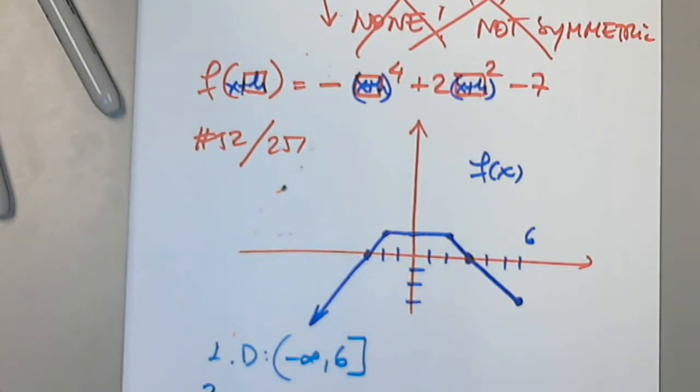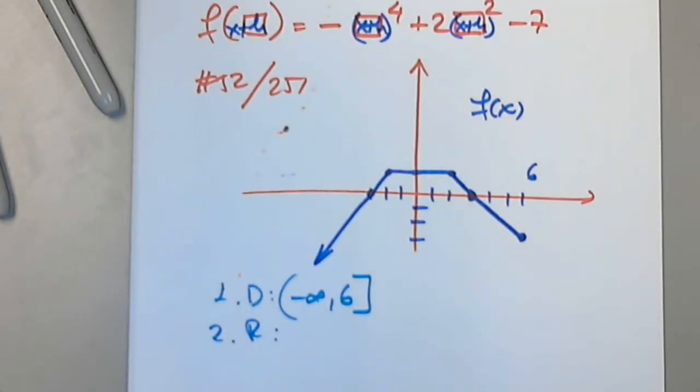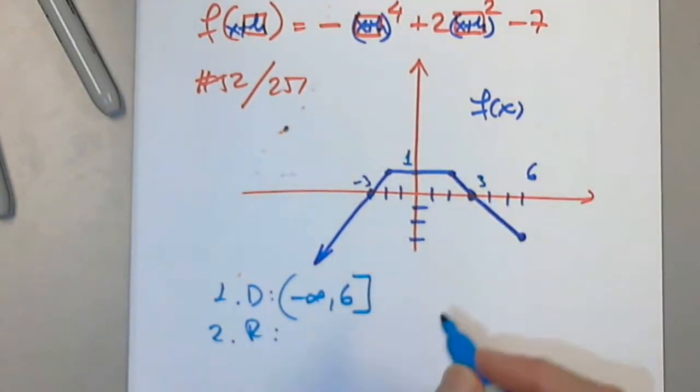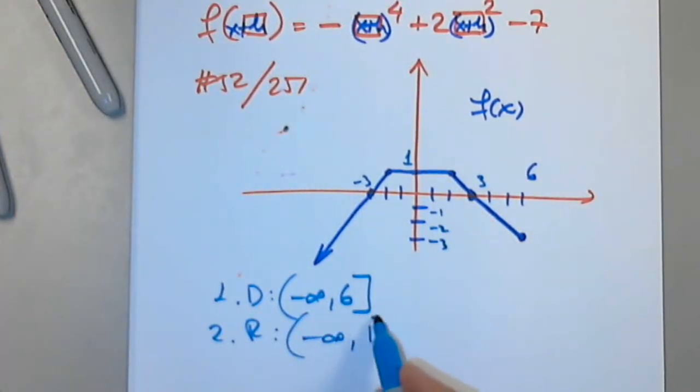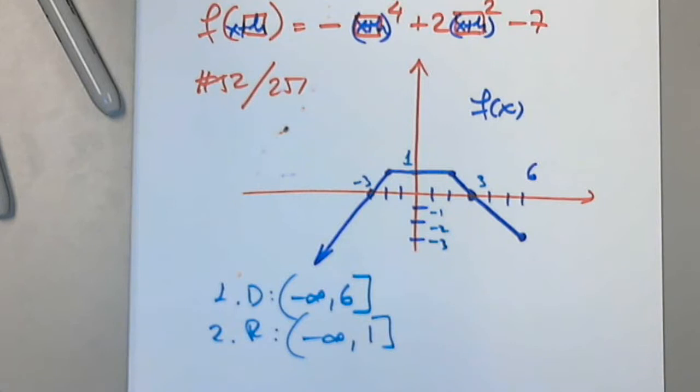Very good. Number 2, range. Stop me anytime if you have questions, please. Range. Negative infinity to 1. Exactly. Very good. Negative infinity to 1. From the lowest y value till the largest y value. Everyone? Okay.